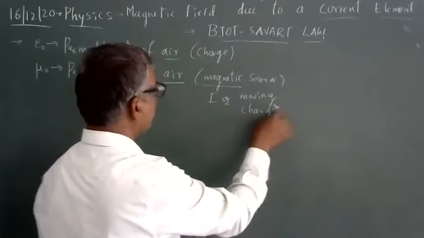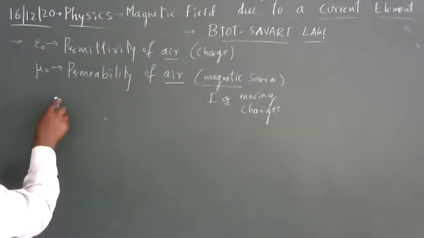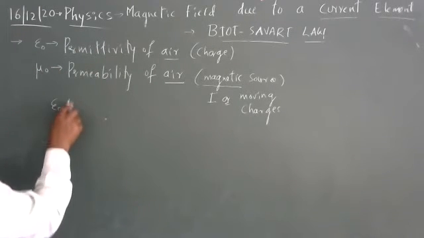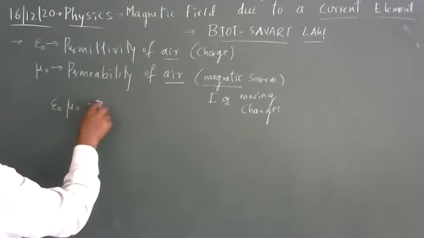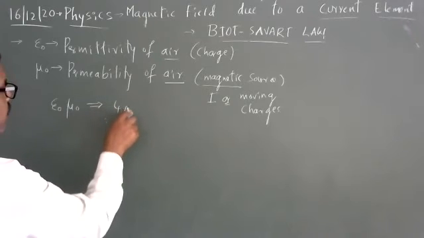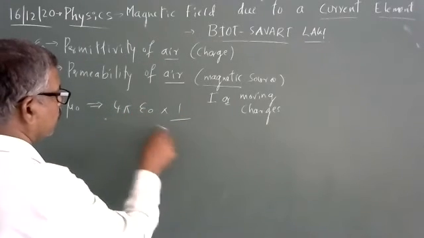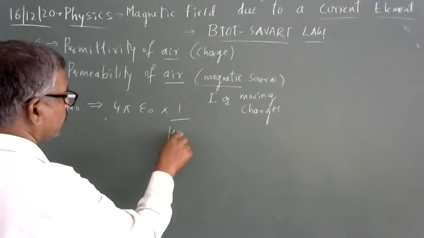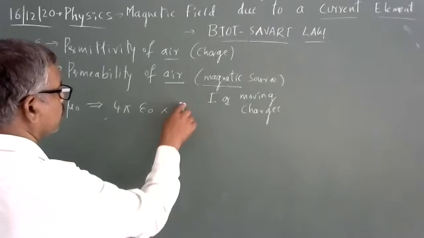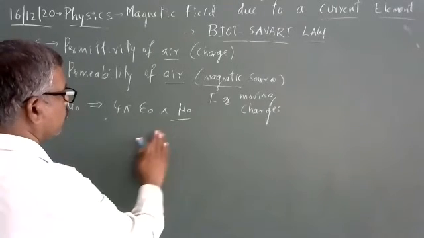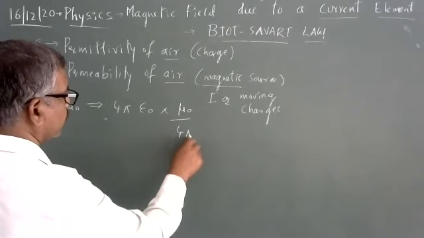Now the product of these two, epsilon 0 mu naught. Let me rewrite it in this fashion. You can multiply 4 pi epsilon naught into mu naught upon 4 pi.